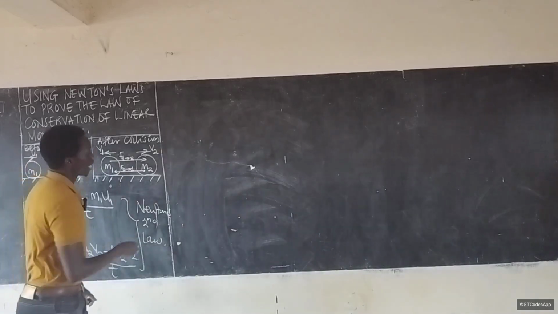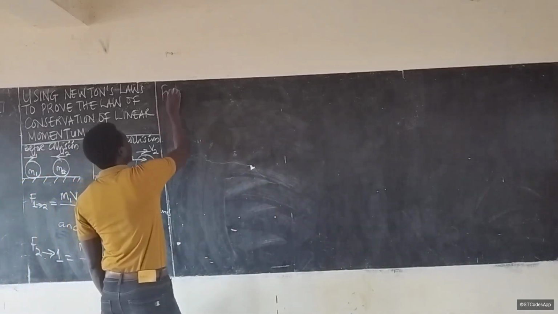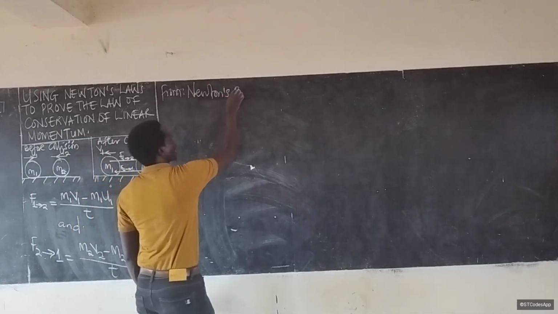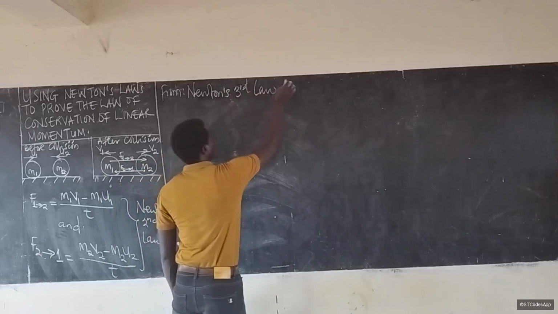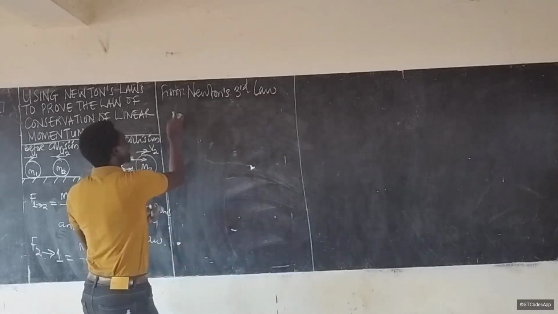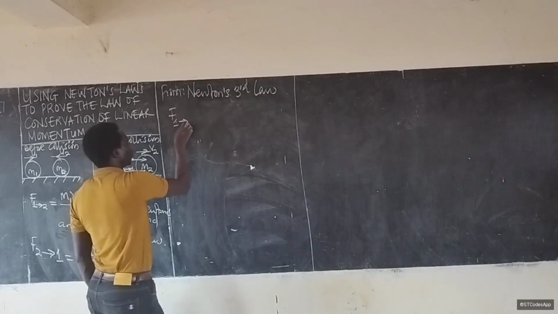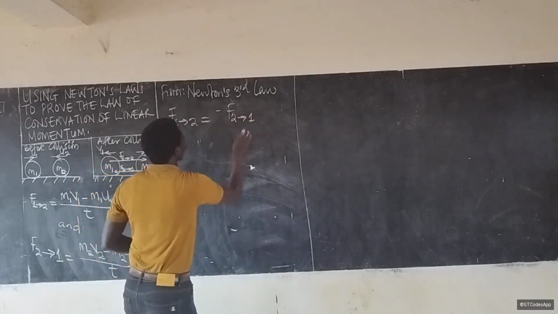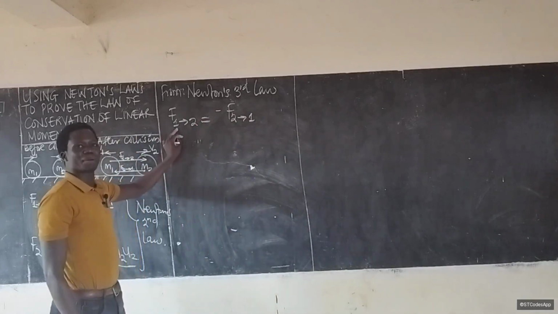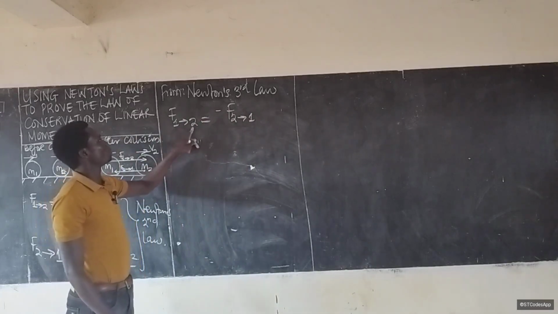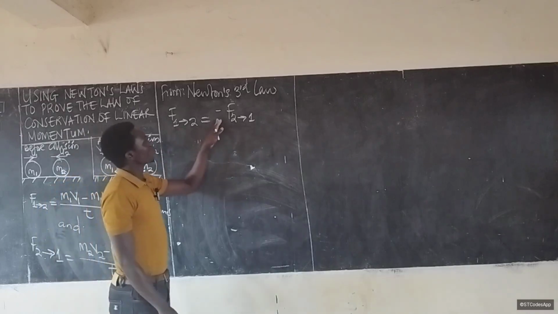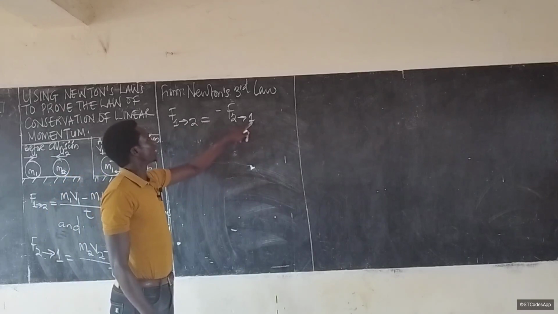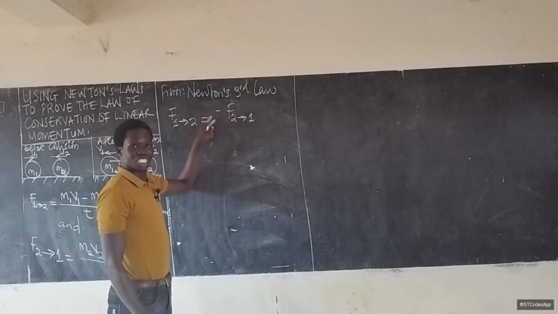Now, from Newton's third law, we shall have that the force F1 on 2 is equal to the negative of F2 on 1. It means the force applied by body m1 on body m2 is equal to the force applied by body m2 on m1, but they are opposite in direction.